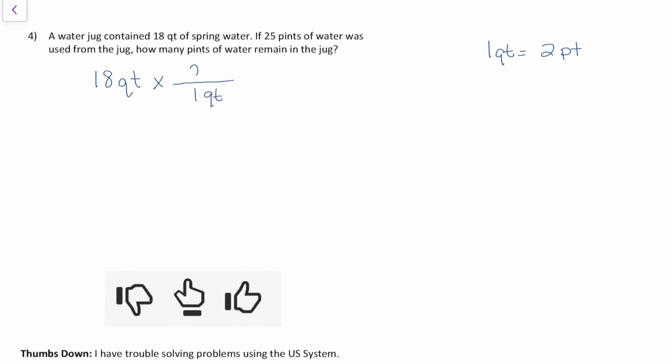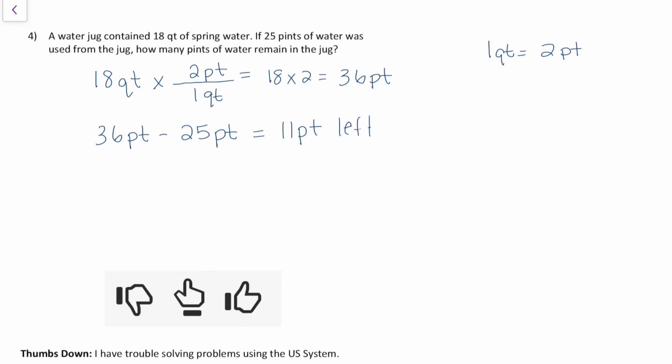I'm putting 1 quart on the bottom. So I get 18 times 2, or 36 pints all together in the jug. Now I can subtract my 25 because they're the same unit of measurement. And I get 11 pints left.